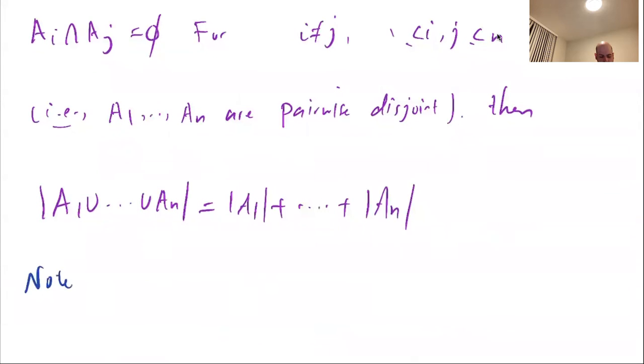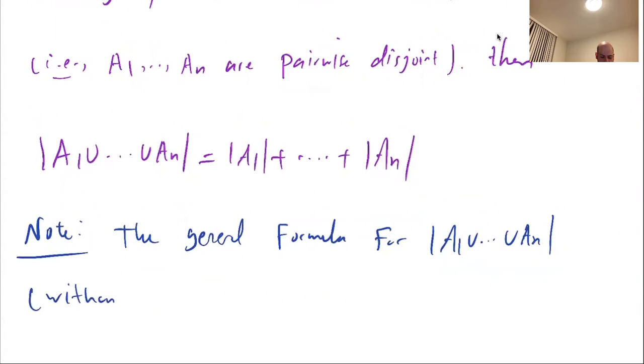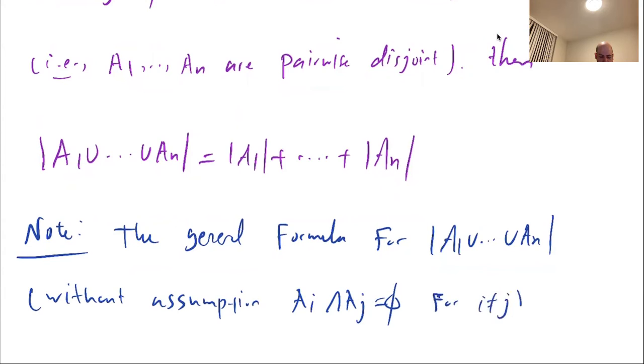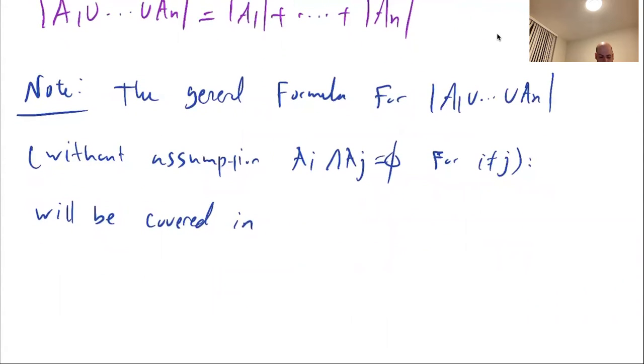So note, the general formula for A1 union to AN without the assumption AI intersection AJ equals empty set for I not equal to J will be covered in Math 221 or Discrete Mathematics 2.